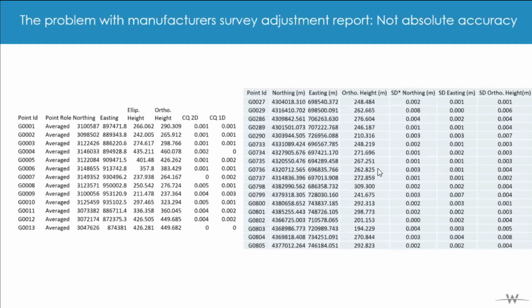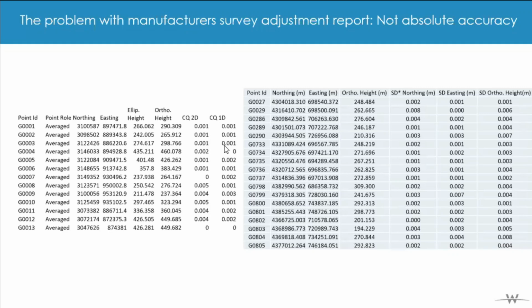We need the manufacturers of these survey instruments to give us a better measure, which is an absolute accuracy measure for that survey accuracy, which doesn't exist now. So to make up for that, in the standard, we give a table. If the manufacturer doesn't provide you with a reliable accuracy measure for the survey, you can use this.